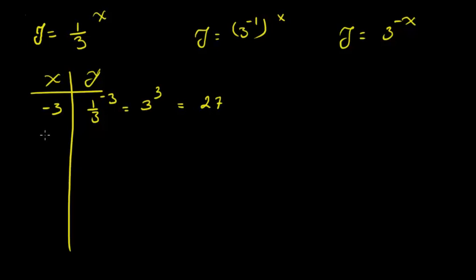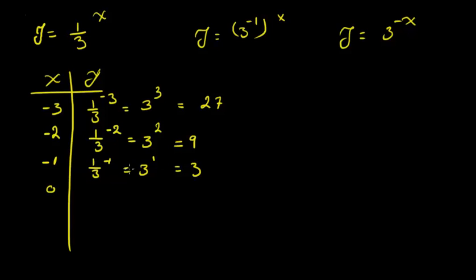Then we can choose -2 as x. (1/3) to the -2 equals 3 to the second power, and that equals 9. Let's choose -1 as x, and then we'll have (1/3) to the -1, and the reverse of that would be 3 to the 1, and it's going to be 3.